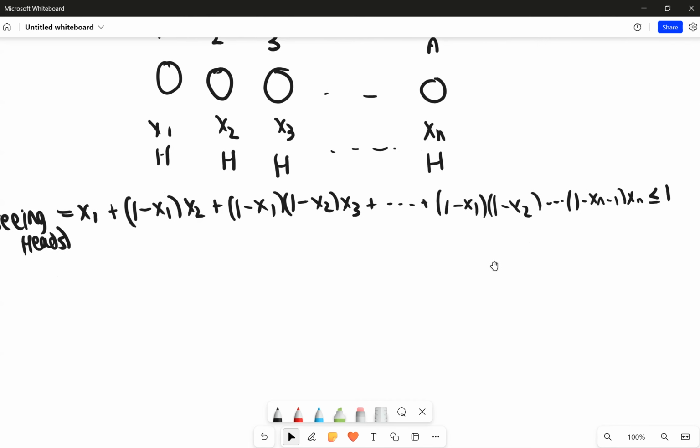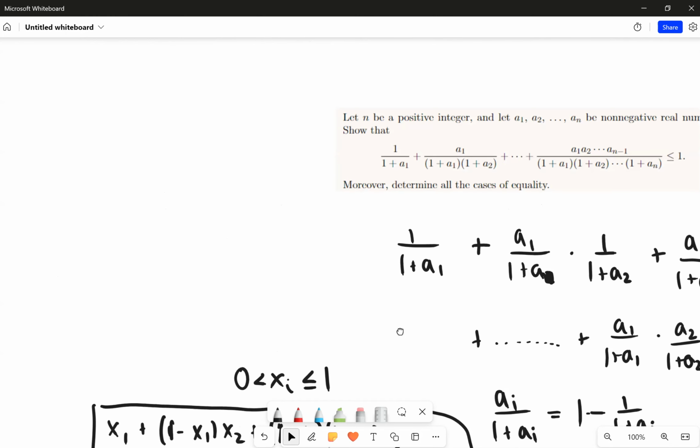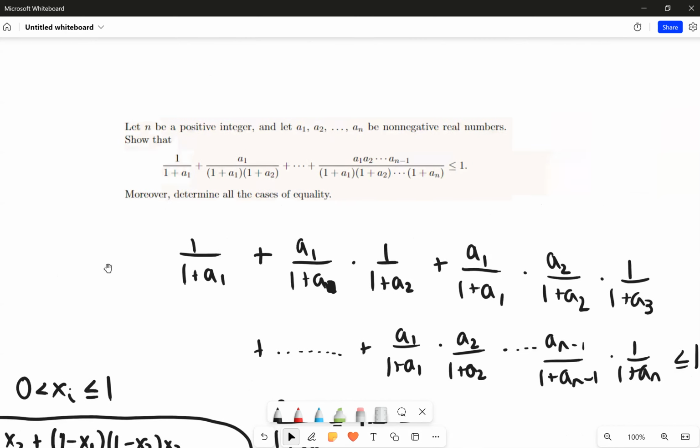This means that for some i, we have xi is equal to 1, so 1 over 1 plus ai is equal to 1. And solving for ai, we end up getting ai is equal to 0. So therefore, equality holds if and only if at least one of the ai is equal to 0.